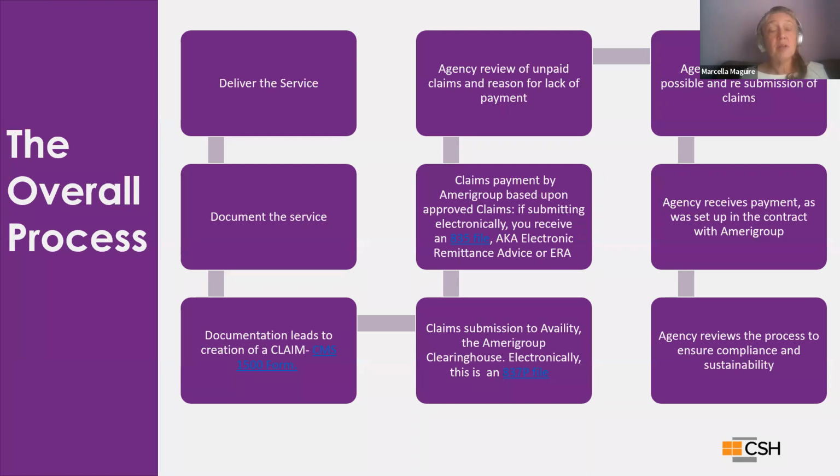It's going to be very important that the documentation of the service gets back to your service plan, and it's clear from an auditor perspective that whatever you were doing in the time you spent with the participant has something to do with the goals on their service plan. There needs to be a process by which the documentation leads to the creation of what's called, in the healthcare space, a claim.